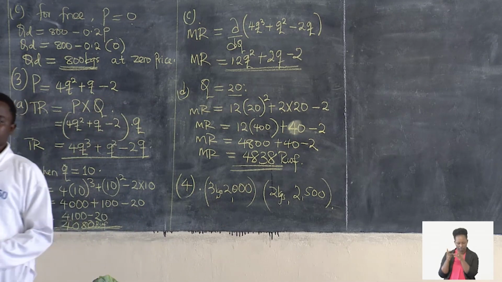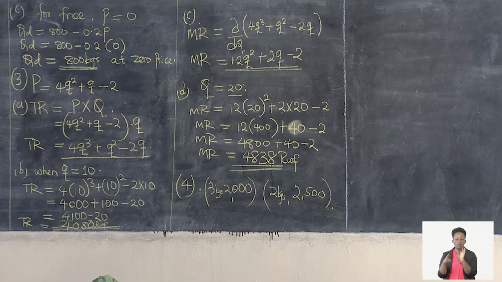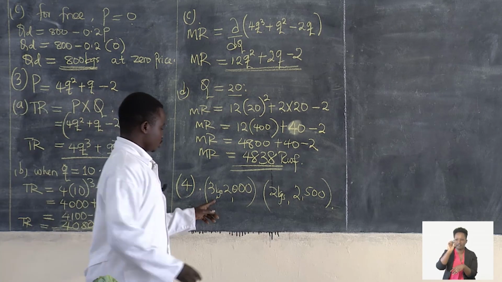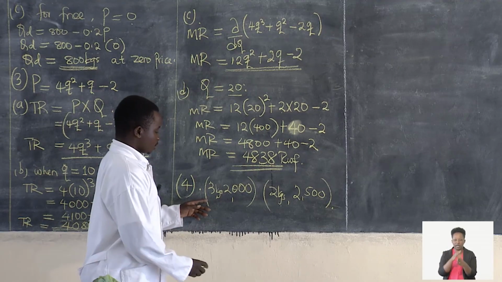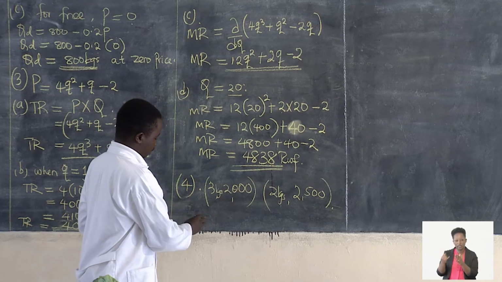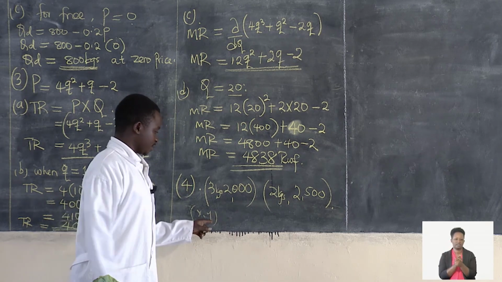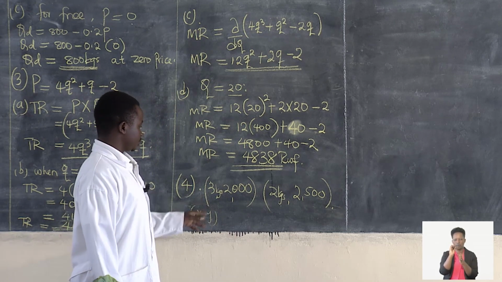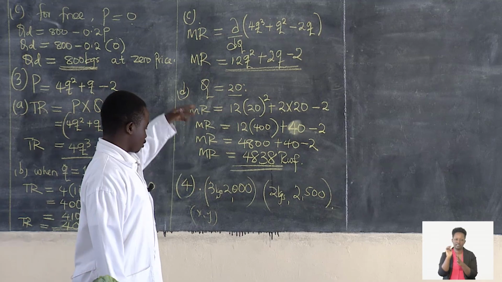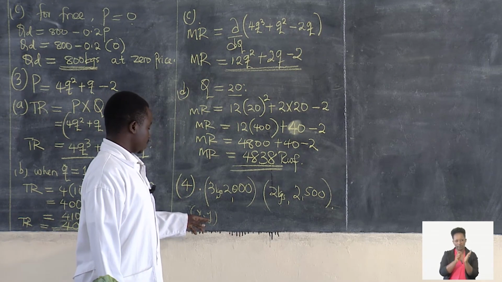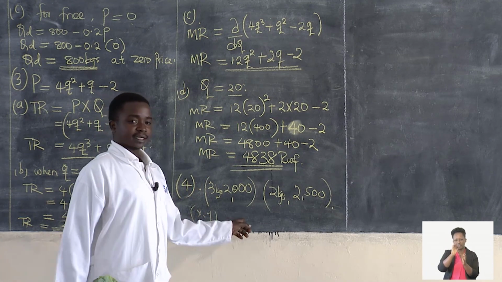Then they want us to represent the consumer's demand curve on the graph. So how do you do this now? On the graph we shall plot these in terms of x and y coordinates. And remember, when we are plotting, price is plotted along the y-axis and quantity demanded along the x-axis.